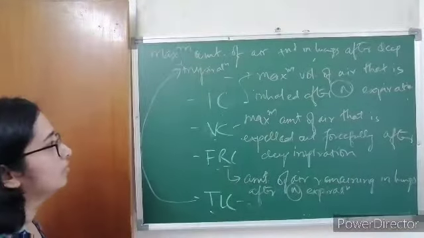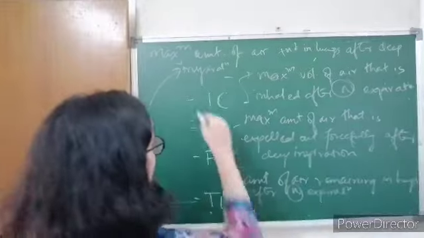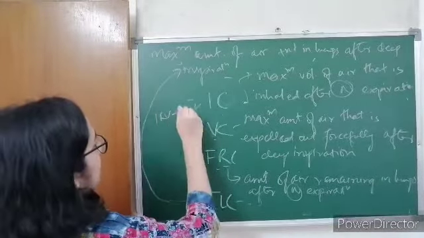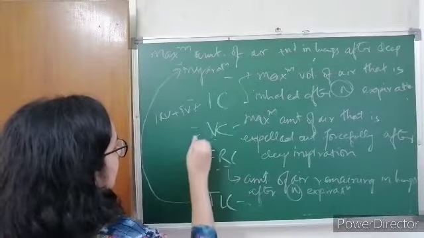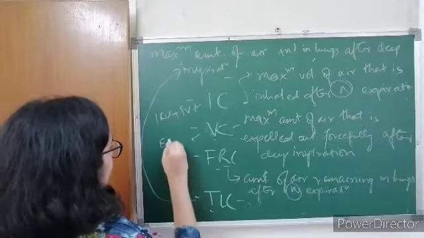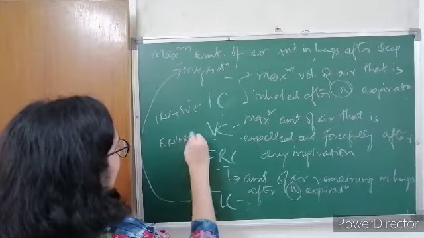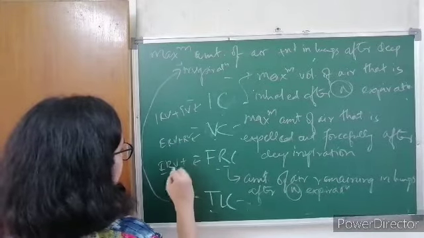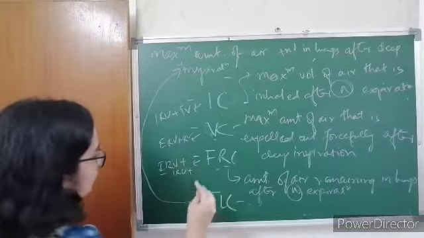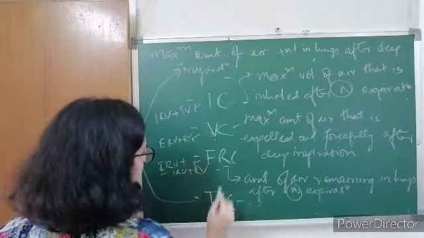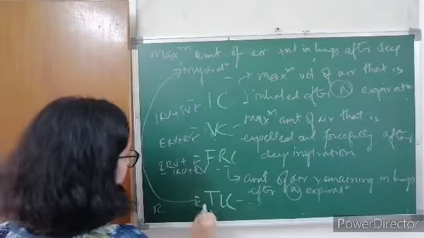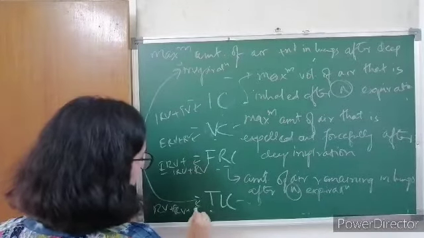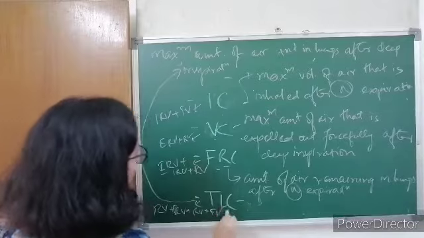So we have already seen the amounts, still I'll just write once. IC will be the IRV plus TV. VC will be the ERV plus RV. FRC will be the ERV plus RV, and TLC will be the IRV plus ERV plus RV plus TV.